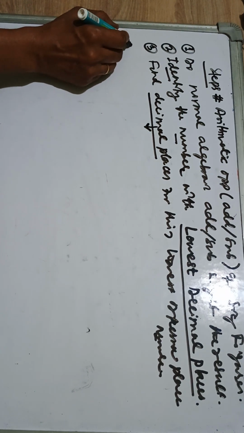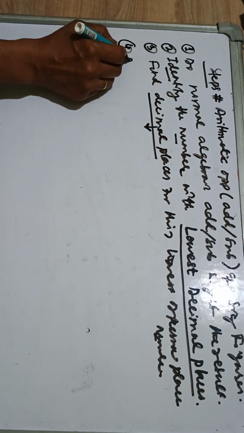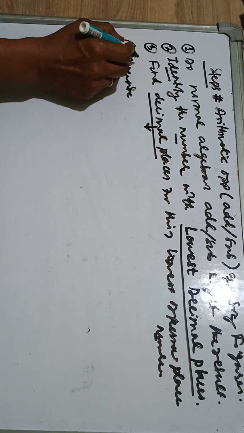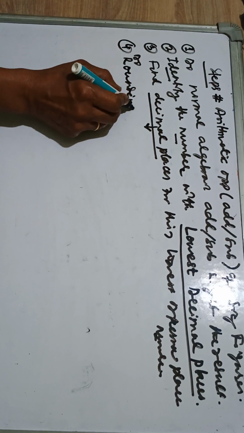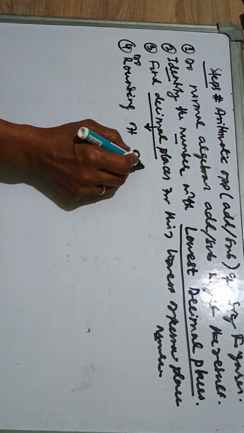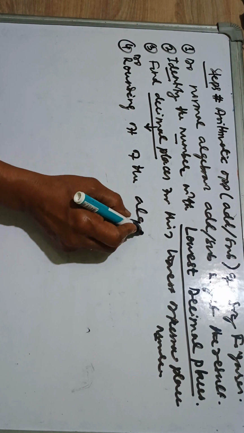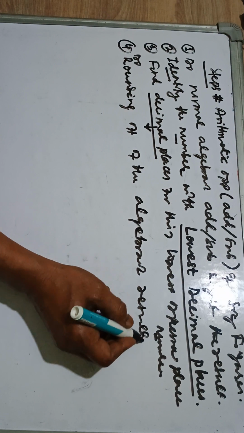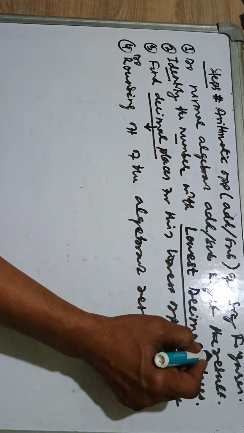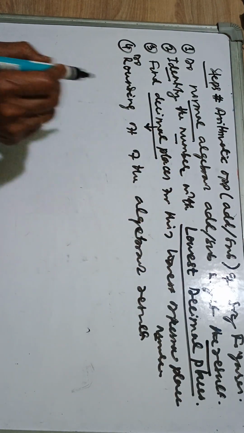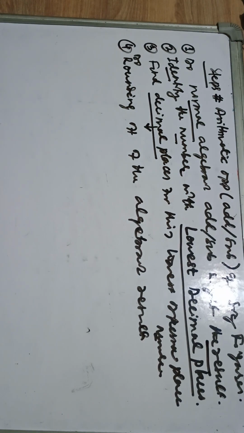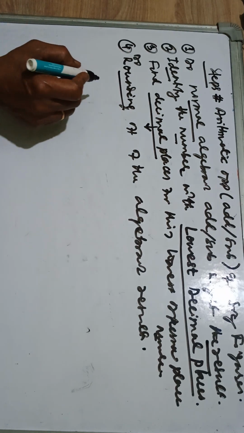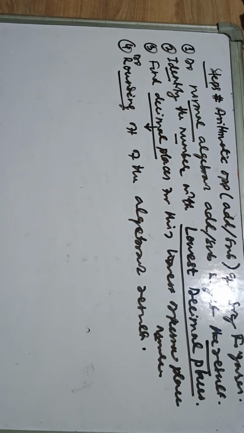Before that, we will do rounding off of the algebraic result. The result we have got after normal algebraic operation of addition or subtraction. In that result, we will do rounding off. Already the rounding off steps we have discussed.